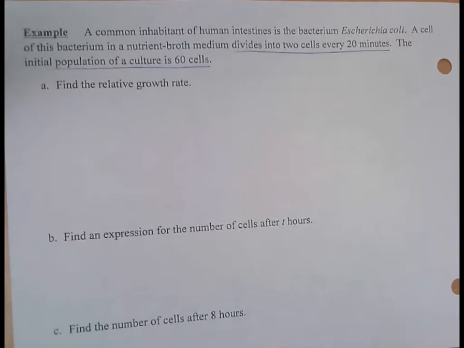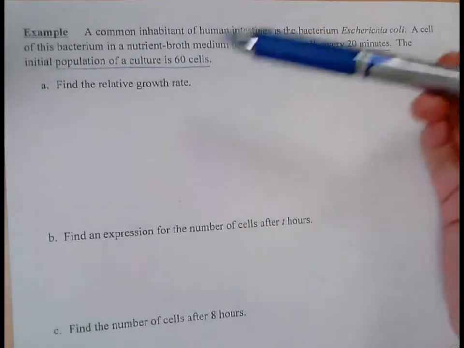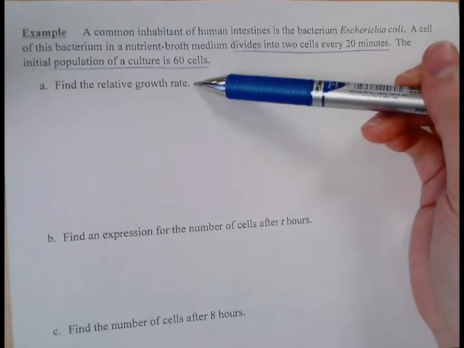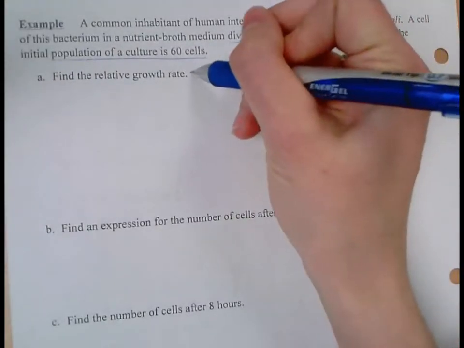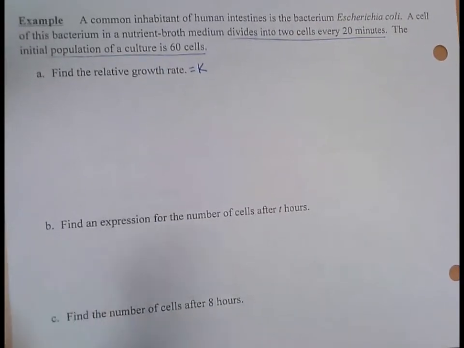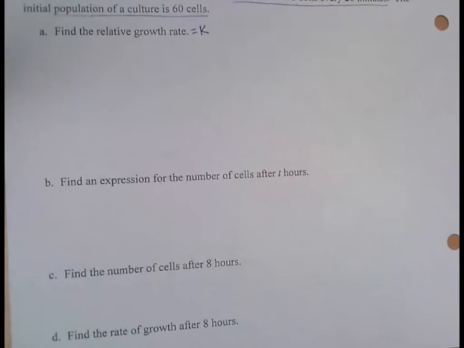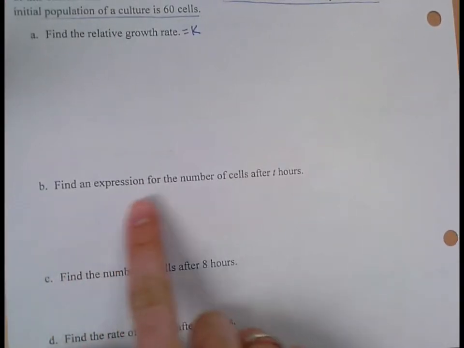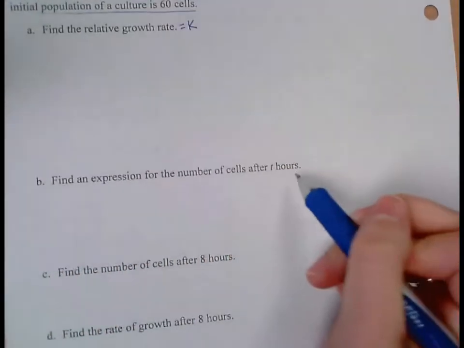I'm actually going to have you look at all 5 parts they're asking us to find. Part A is asking us to find the relative growth rate. Remember, that is the k value in the differential equation or solution. Part B, and I would recommend reading through all parts, says find an expression for the number of cells after t hours.